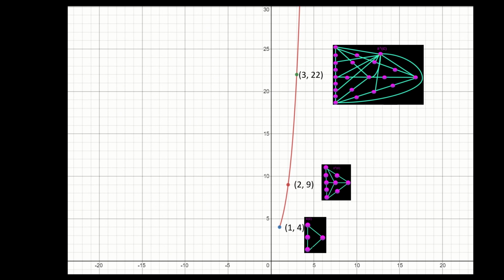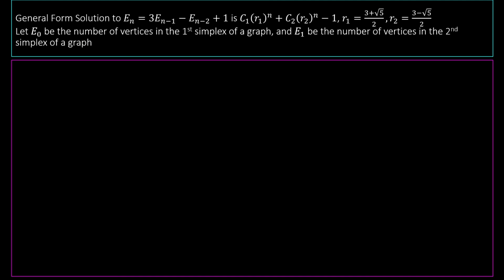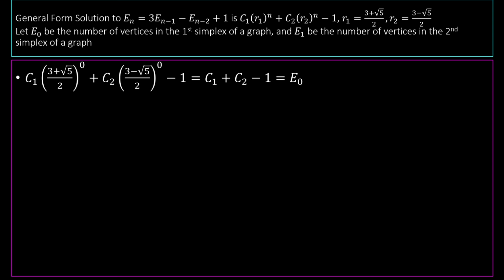Moving on, we still don't have a solution for the edge recurrence. I encourage you to pause the video and find the general form solution for this recurrence. Alright, at the top of the screen we have our general form solution. We can use the same process as before to solve for the arbitrary constants in terms of e sub 0 and e sub 1.